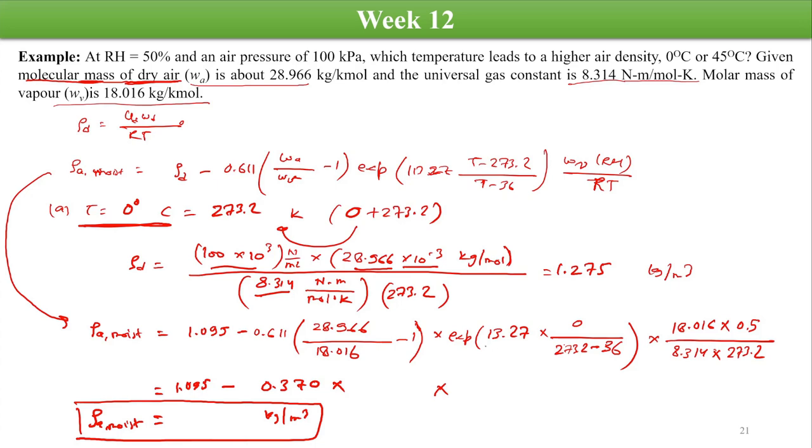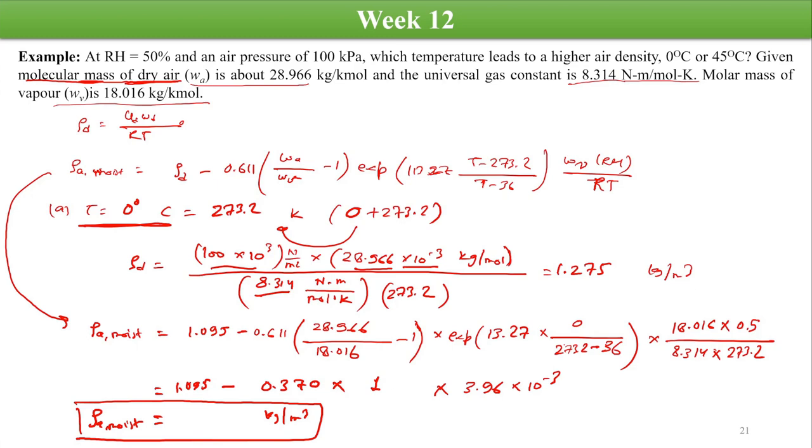So this exponential term is going to be equal to 1, and here 18.016 multiplies 0.5, that will be divided by 8.314 multiplied 273.2. So it's nothing but 3.96 into 10 to the power minus 3. Solving it further, we'll obtain 1.275 minus 0.37 multiplies 3.96 into 10 to the power minus 3.